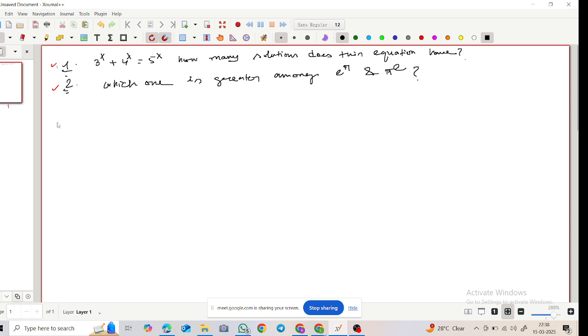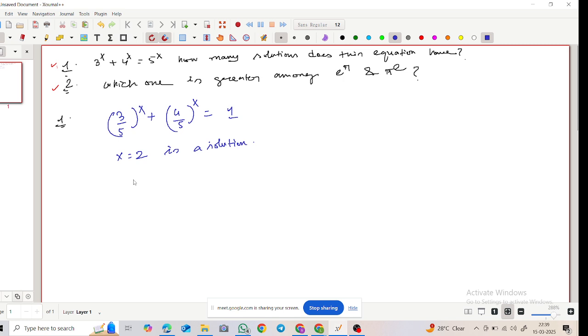So for one, we can do this. Just do 3 by 5 whole to the power x plus 4 by 5 whole to the power x equals 1. Put x equals 2, it is a solution, right?